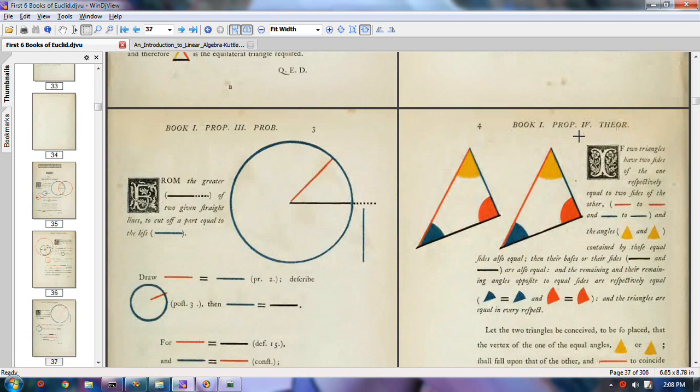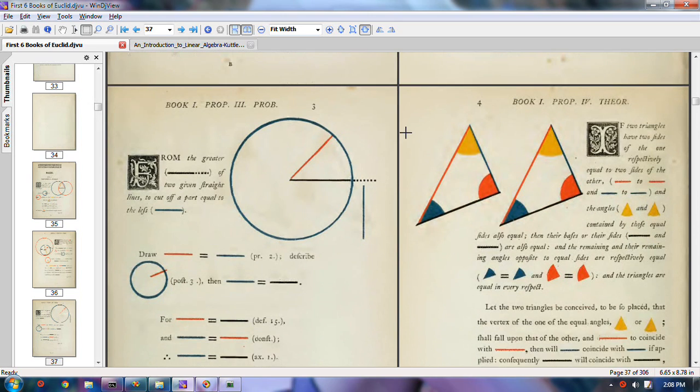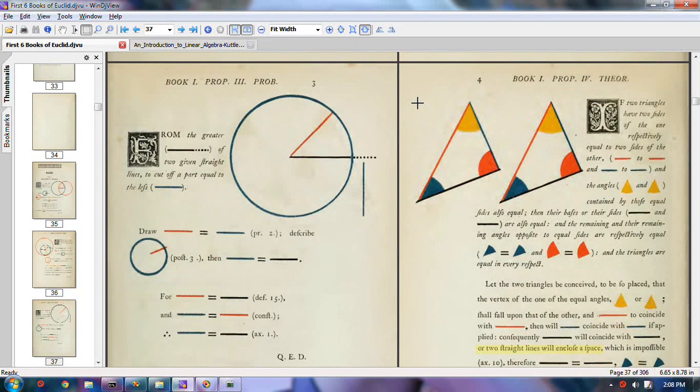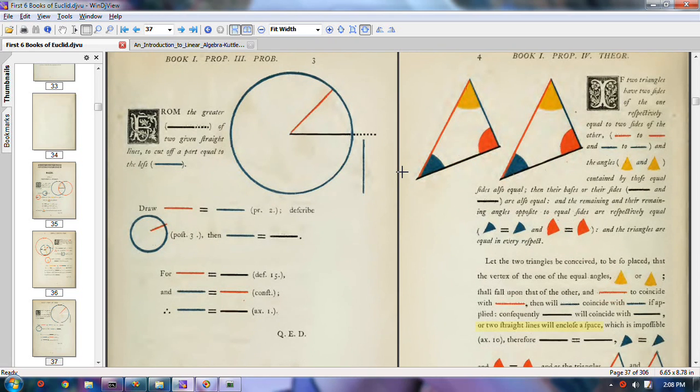Proposition 4 is described as a theorem, and in it, there's a part here which I think probably would have required at least a demonstration or another theorem prior to this one in order to make the statement.